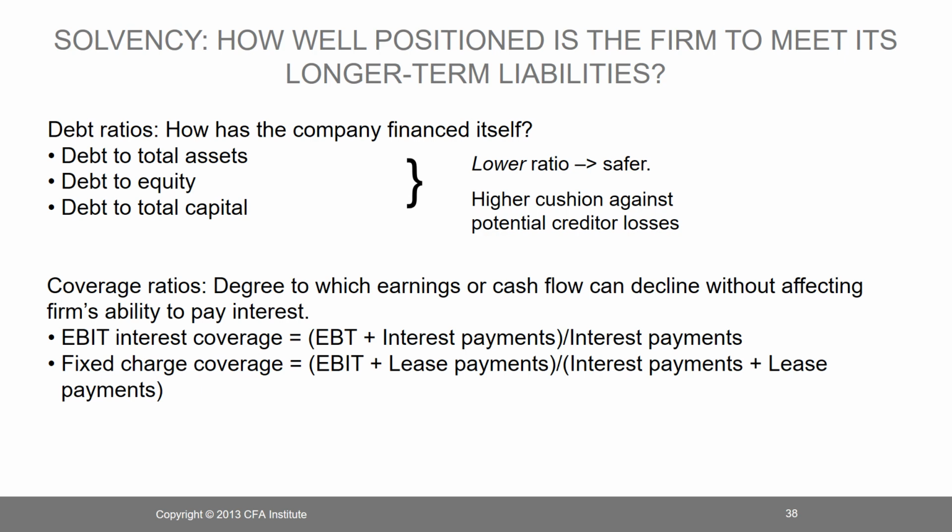For coverage ratios, we have EBIT interest coverage, which is calculated by EBT, or earnings before tax, plus interest payments divided by interest payments. And we have fixed charge coverage, which is earnings before interest and tax plus lease payments divided by interest payments plus lease payments.